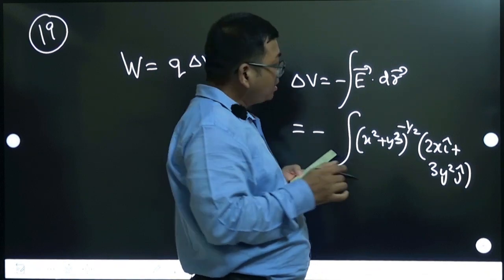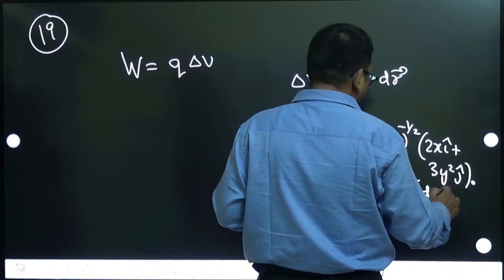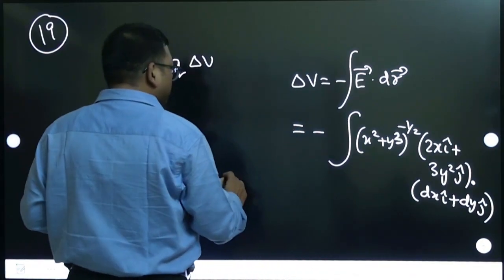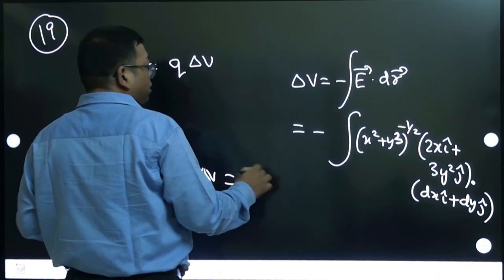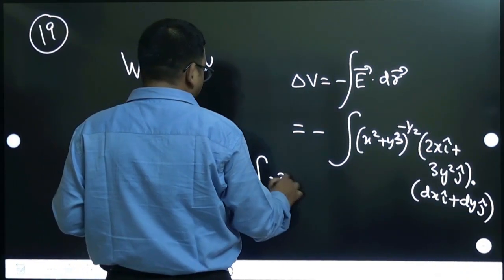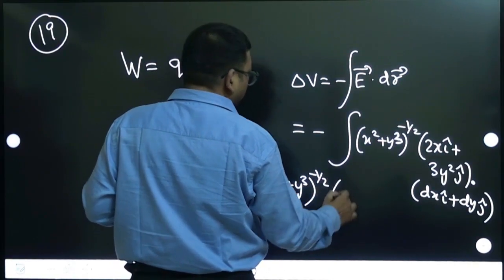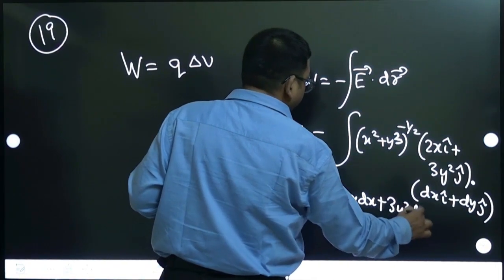Dx i cap plus dy j cap. So dot product with dx i cap plus dy j cap. Do that. So this will become, of course, minus. If you want minus, you bring this side. Then this integration x square plus y cube power minus half, and this becomes 2x dx plus 3y square dy.